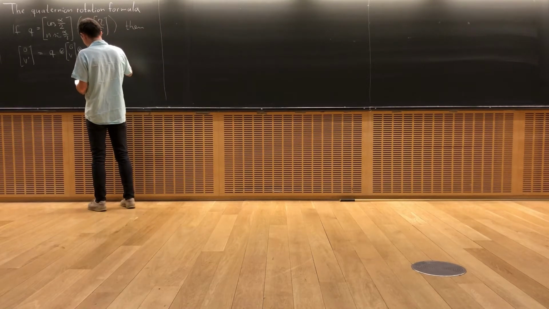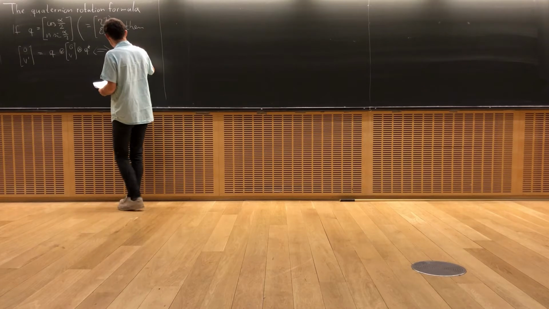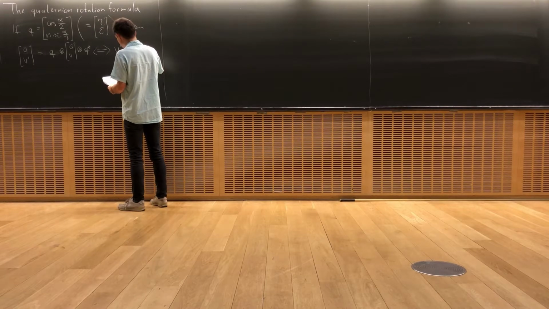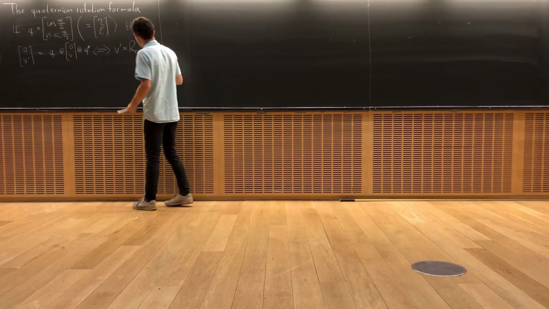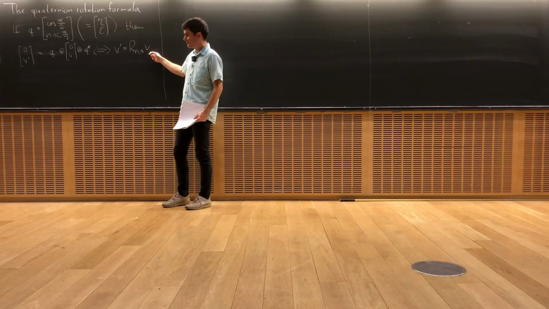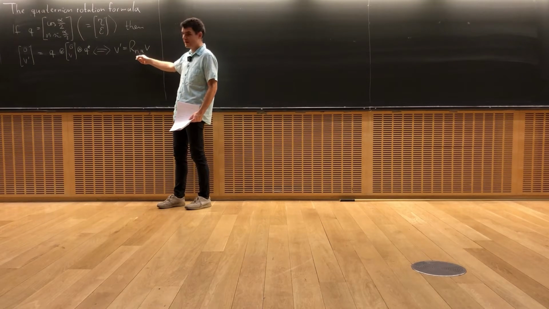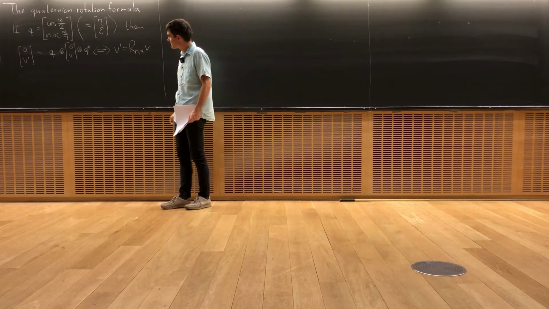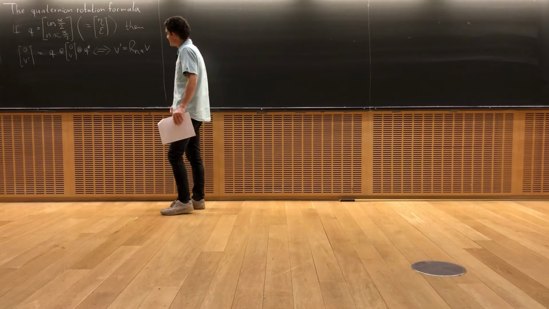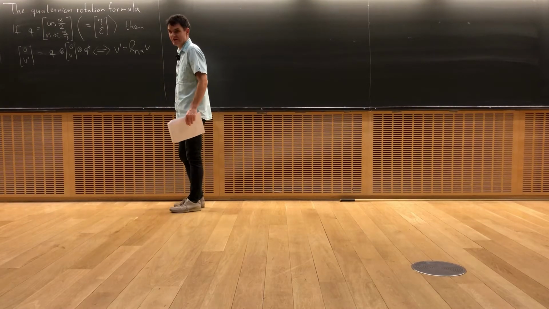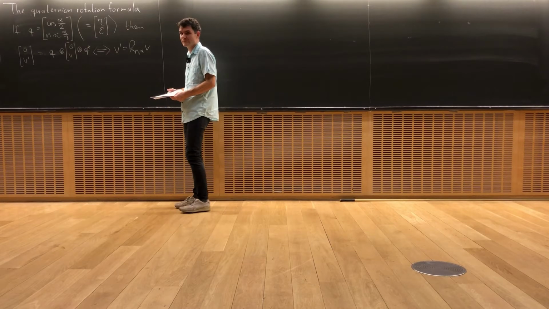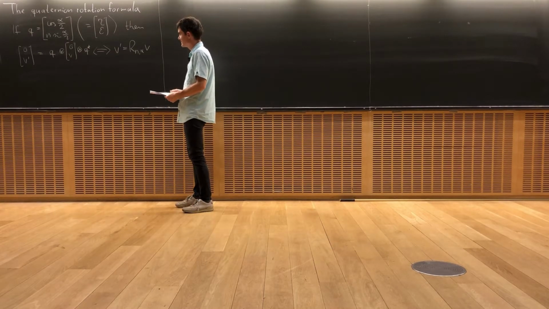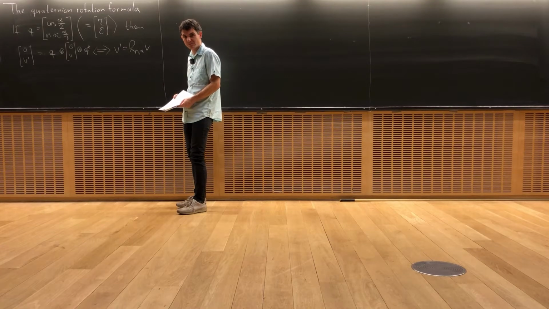And then my claim is that this is the same as stating that v marked is the rotation of vector v around the vector n alpha radians. So this is my nice quaternion rotation formula that enables me to use quaternions as an attitude representation.